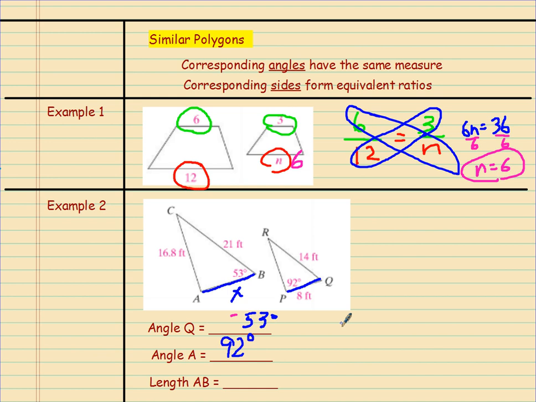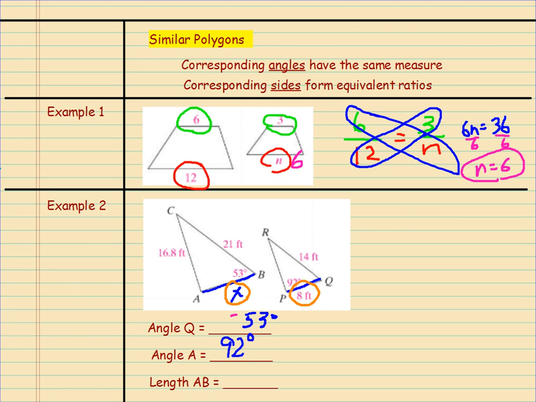So let's write a proportion with this length and this length. And I'm going to pick some numbers from the other two side lengths that we know for both triangles. So let's look at 16.8. This side corresponds to this side here, but we don't have this side length, so I don't want to use that.